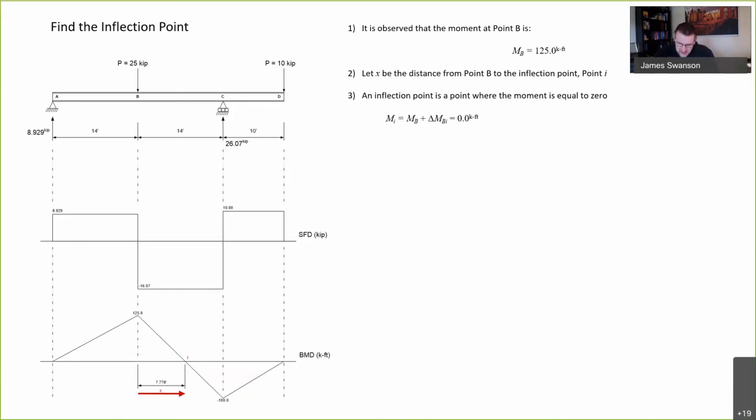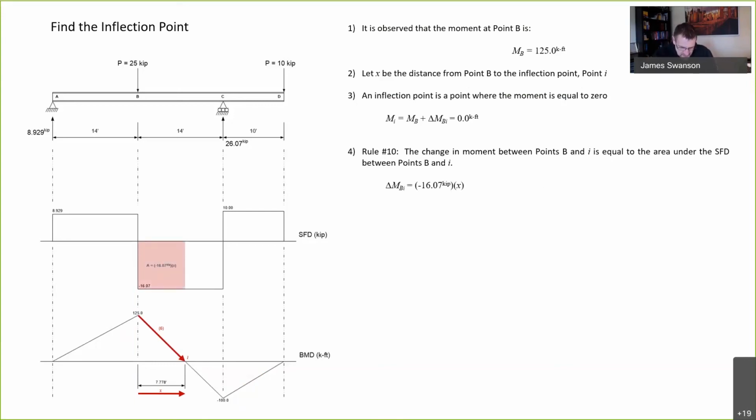So what we can do is substitute in here, and we can say that by rule number 10, the change in moment between points B and I is equal to the area under the shear force diagram between points B and I. So that area is going to be equal to minus 16 kips multiplied by this distance x.